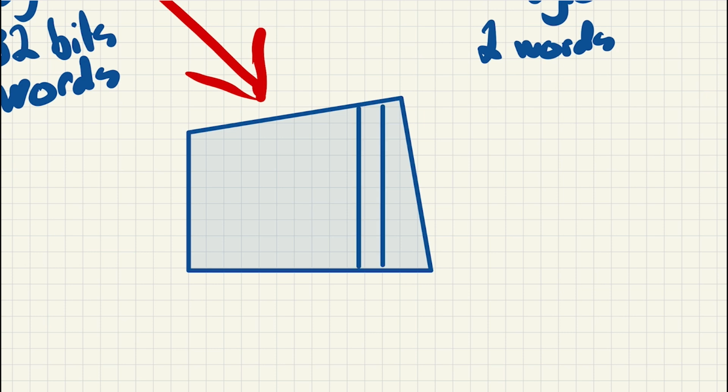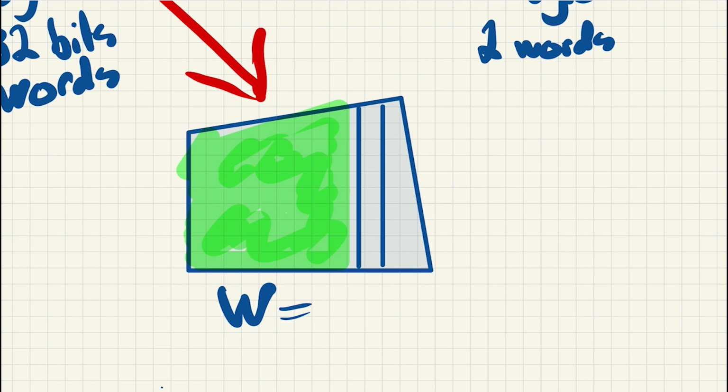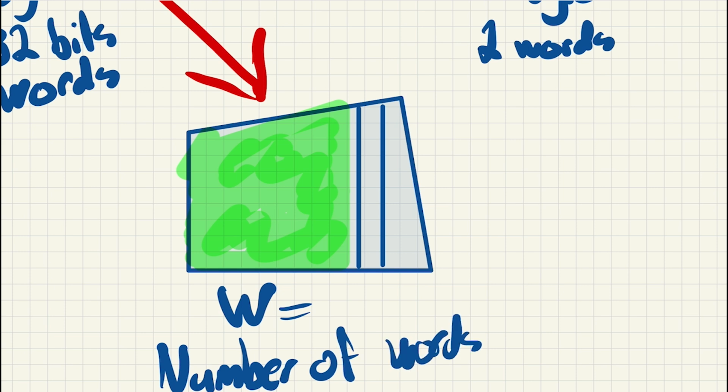This to the left here, let's make this a green color. This will be something which I call the W. This is the number of words that follow. In this case, it will be 2, since we're allocating 2 words.